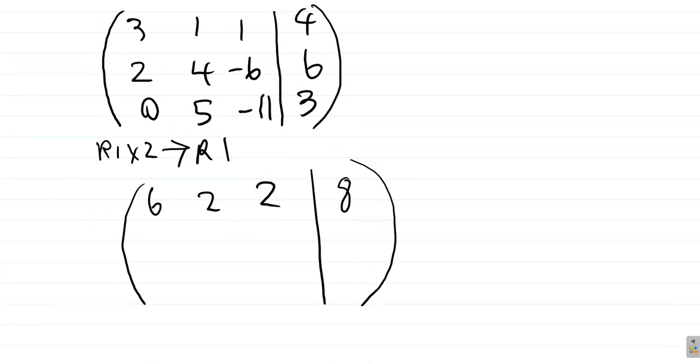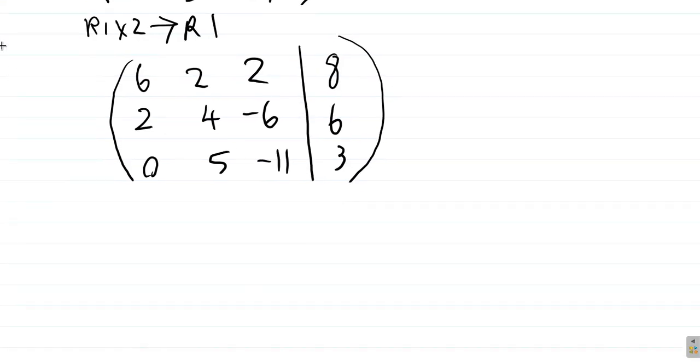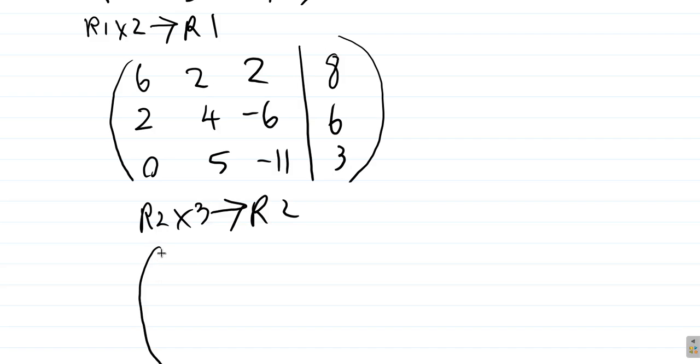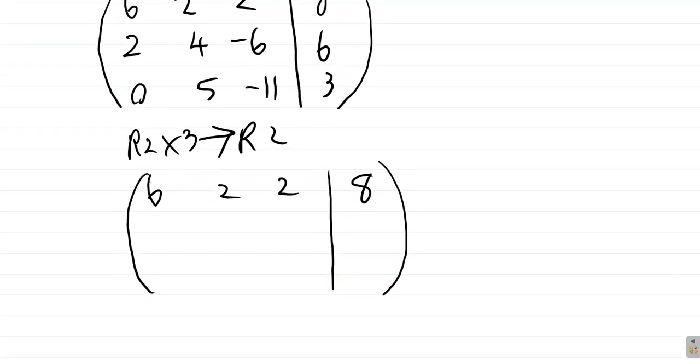We could change row 2 at the same time, but let's do one thing at a time. Let's write back row 2 as it is, and then 0, 5, negative 11, 3. After that, we multiply row 2 by 3 to lead to a new row 2, alright? So we keep our row 1 as 6, 2, 2, 8. We're not going to change row 3. We keep row 3, 0, 5, negative 11, 3.